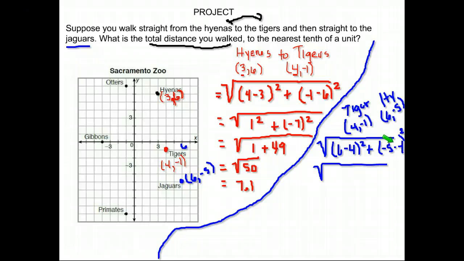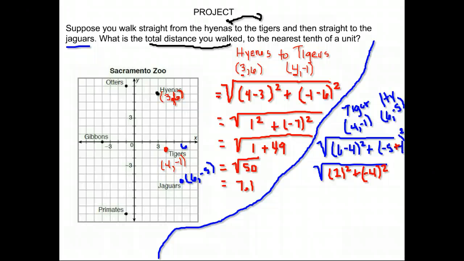Notice our minus a negative here: minus a negative becomes a what? It becomes a positive, so this ends up being a plus right here. Let's simplify those. So 6 minus 4 is 2, and -5 plus 1 is -4.